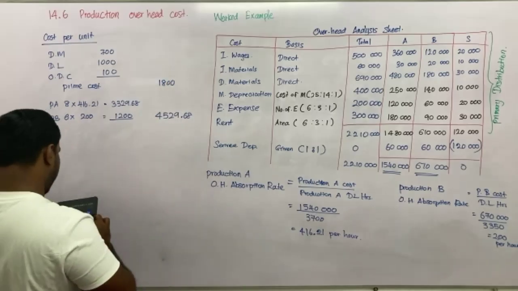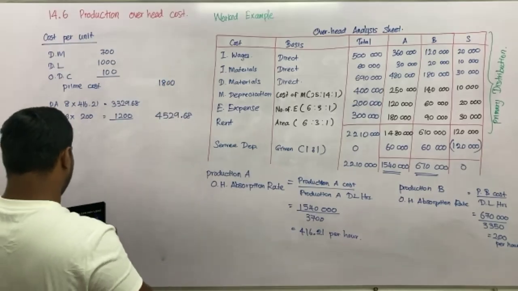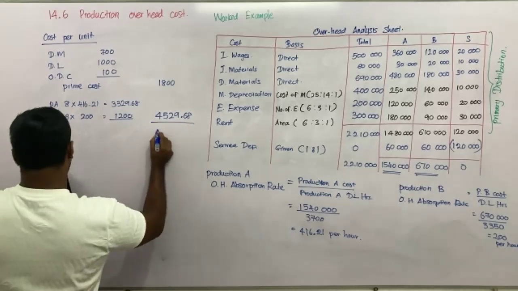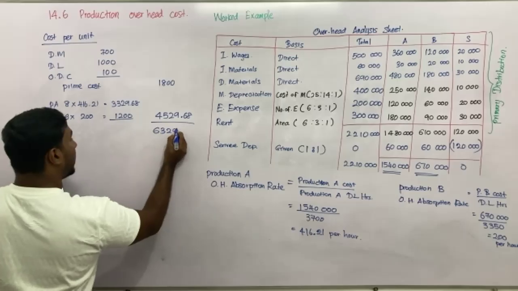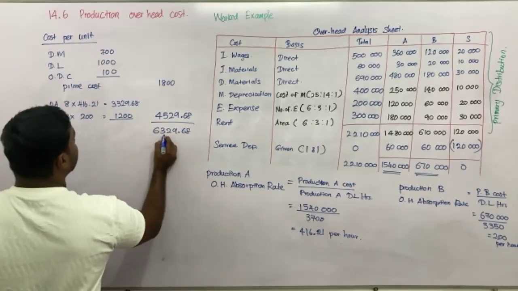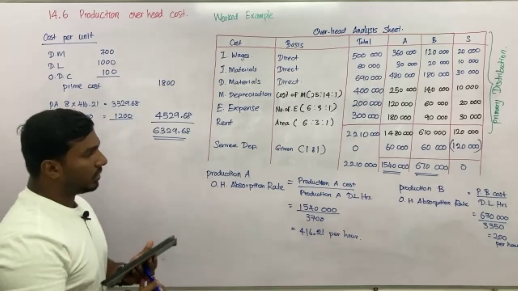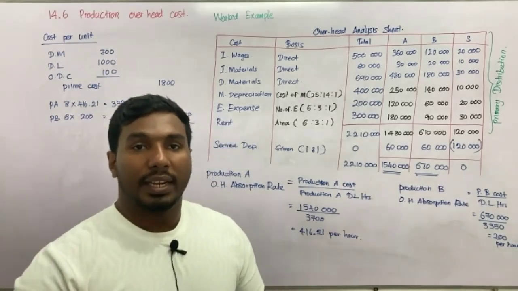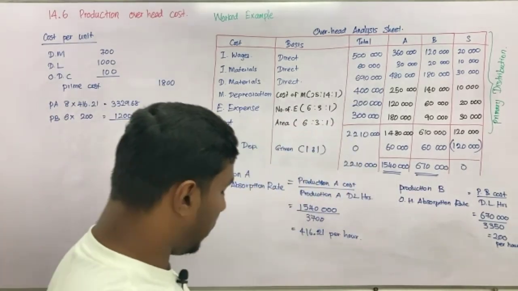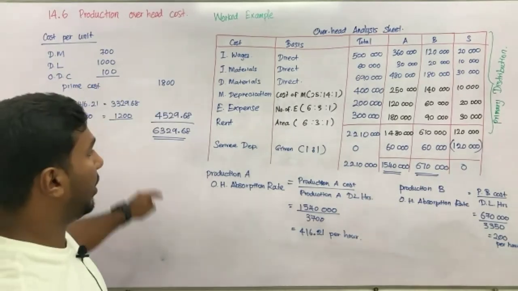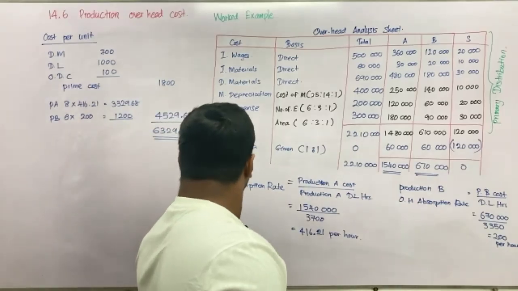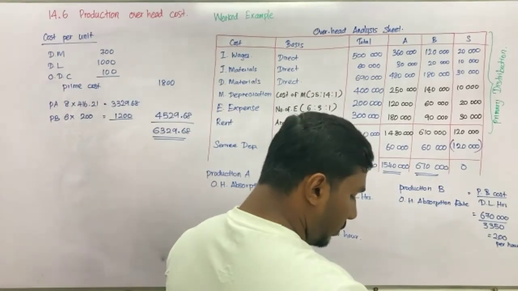Okay. So cost per unit will be 6329.68. This is how you can calculate the total cost per unit. Per unit, right?